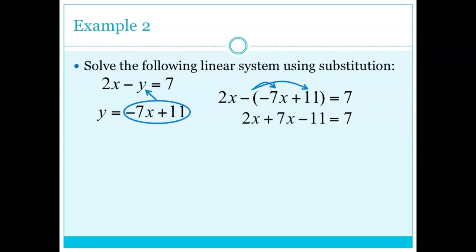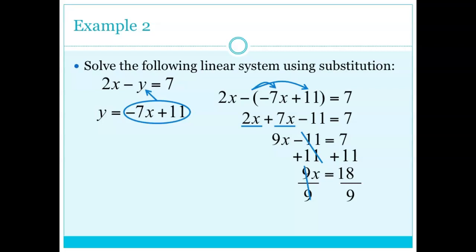And now I can solve for x. So we have 9x minus 11 equals 7. Add 11 to both sides, that leaves me with 9x equals 18. Divide both sides by 9, and I end up with x is equal to 2.